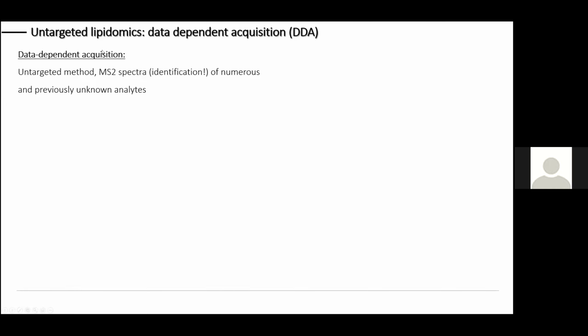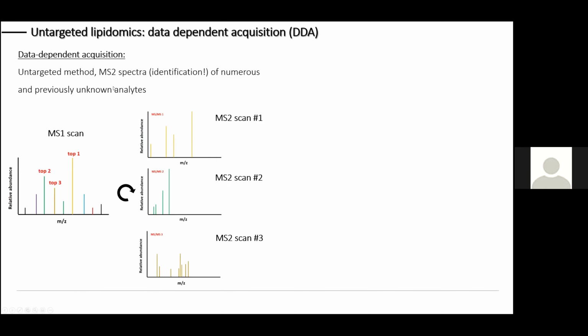And one of the most popular ways of doing that for untargeted lipidomics is the so-called data-dependent acquisition. For this untargeted method, we do exactly like I described, but our computer embedded in the mass spectrometer is programmed in such a way that from each MS scan, it will select several most intensive precursors, which will undergo this fragmentation and separation of fragment ions.